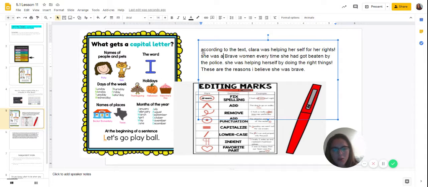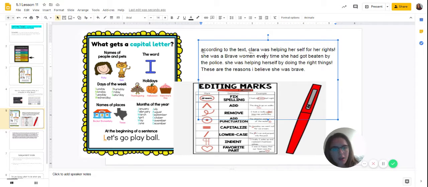I went ahead and drew three lines underneath A because that needs to be a capital letter. So I'm looking, I see a name. I know names have to be capitalized, and I see that Clara, that C is not a capital letter. So I'm going to go ahead and do three lines underneath that C.